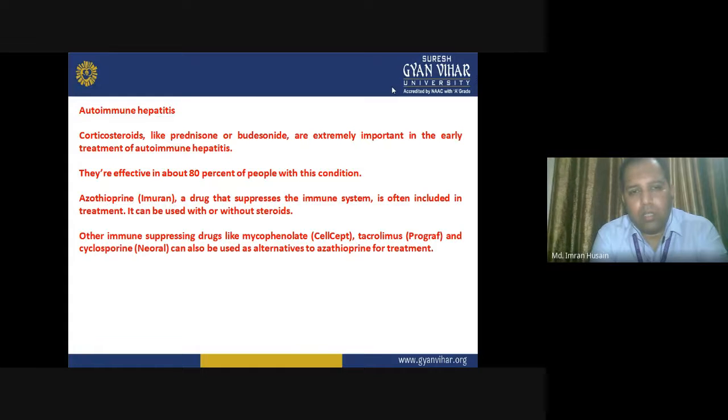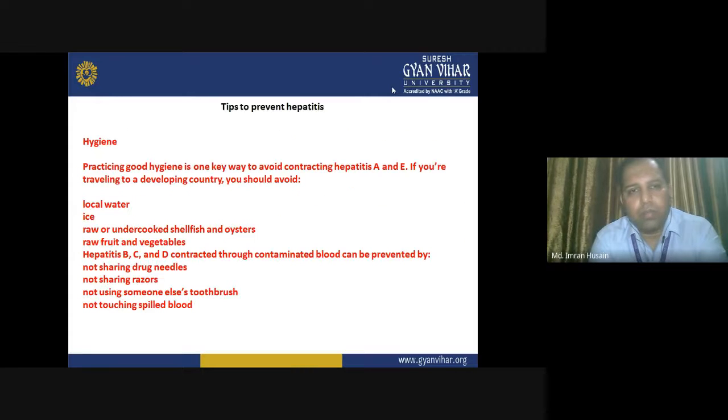Drugs like Imuran, a drug suppressing the immune system, are often included in the treatment. It can be used with or without a combination of steroids. Other immune suppressing drugs like CellCept, Prograf, and Neoral can also be used as alternatives for the treatment.